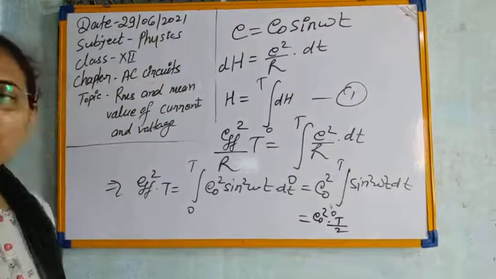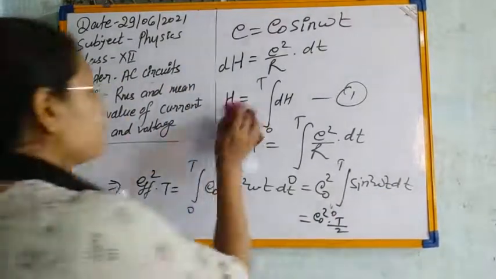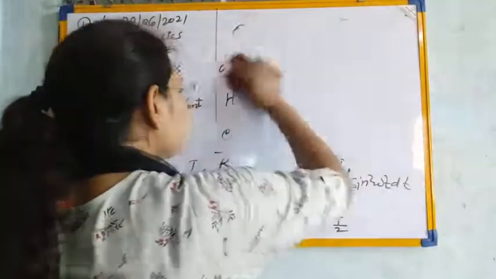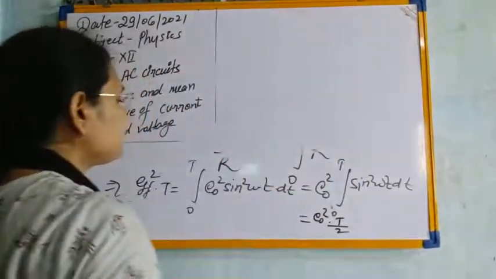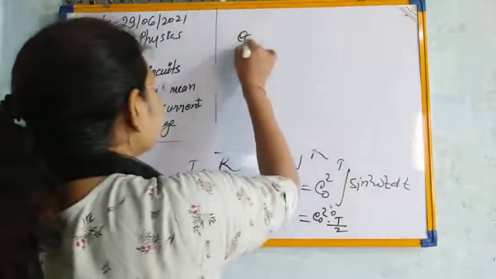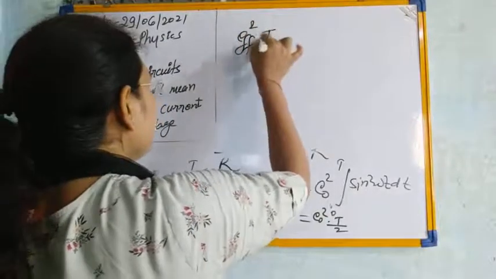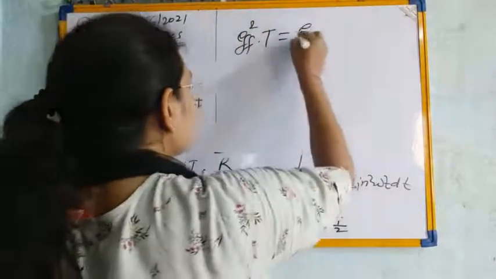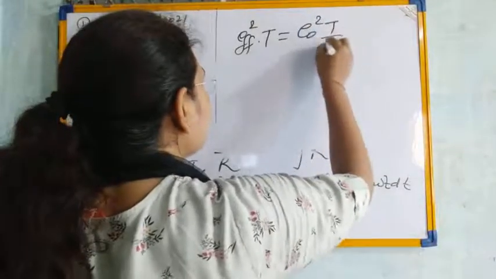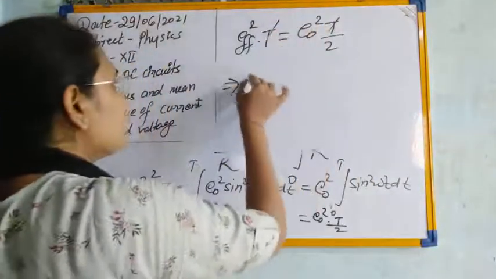So finally what we got after this whole mathematical solution is that E effective square into T is equal to E0 square T upon 2. So T is cancelled out from here.